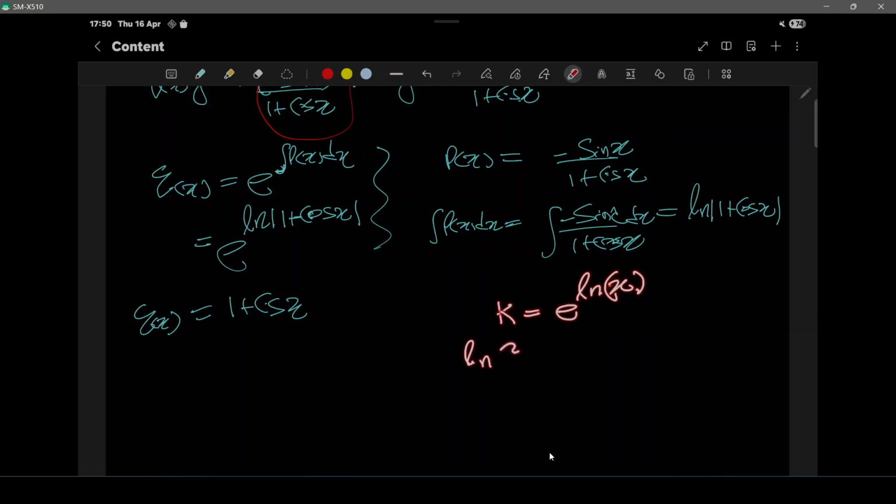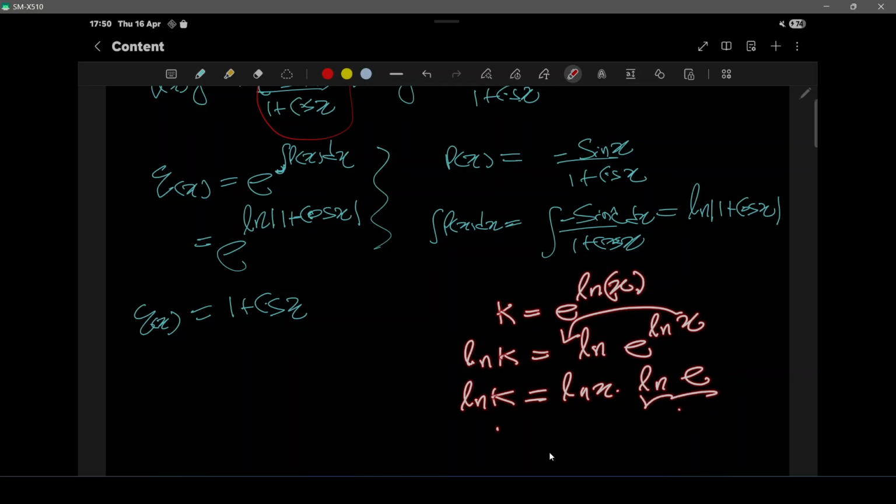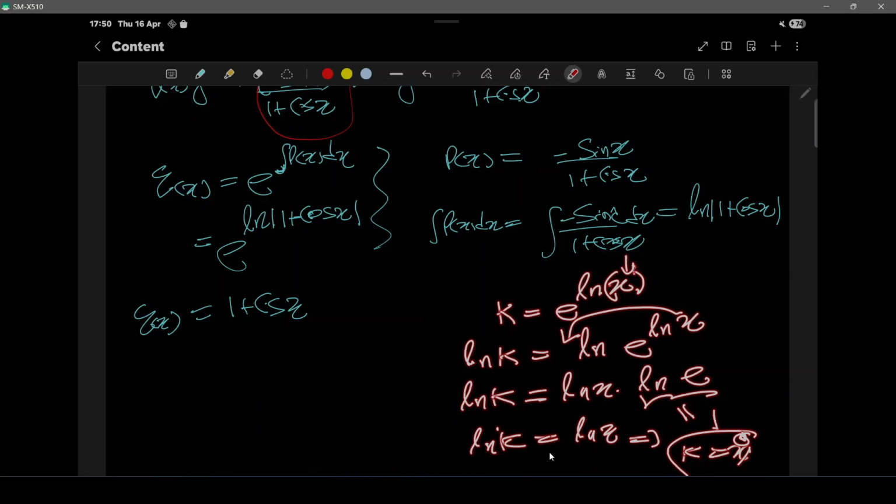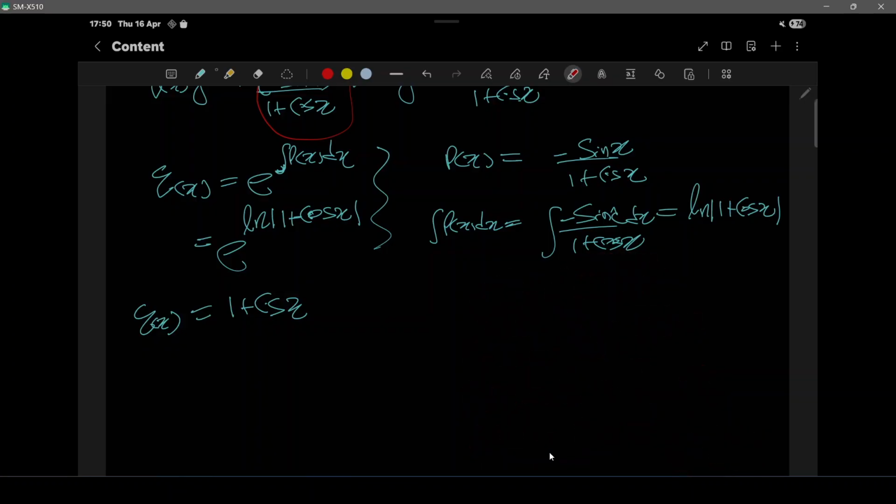We take ln of both sides, ln k equals ln e to the power ln x. Using the properties of the logarithm, this ln can be brought to the front. So ln x times ln e, and ln e is equal to 1. So ln k is equal to ln x. That implies k is equal to x. So no matter what the function inside is, it is the answer of this whole thing. So we can just put qx as 1 plus cosine x.